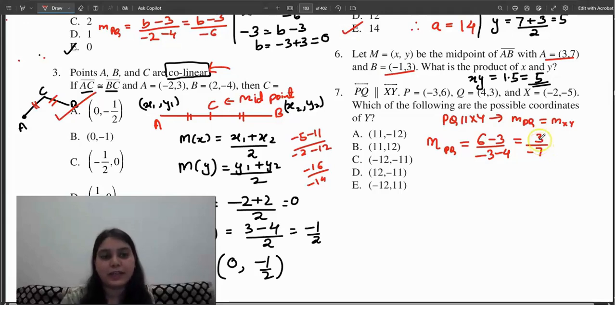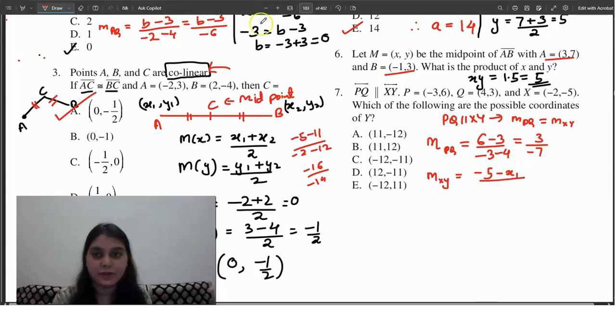Now we want a coordinate that can give us the same slope, minus 3 by 7 or 3 upon minus 7. So here for mxy, the slope should be minus 5 minus y1 upon minus 2 minus x1.